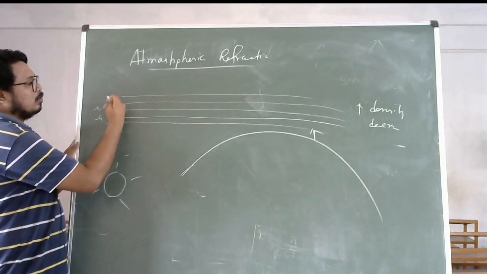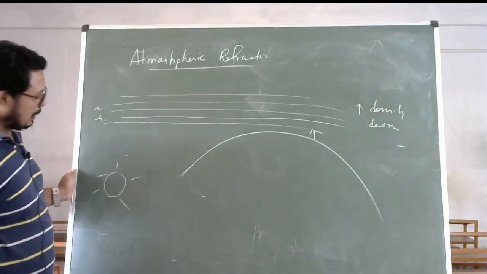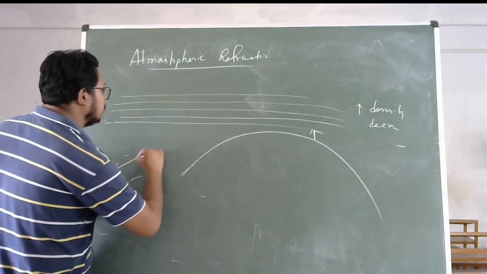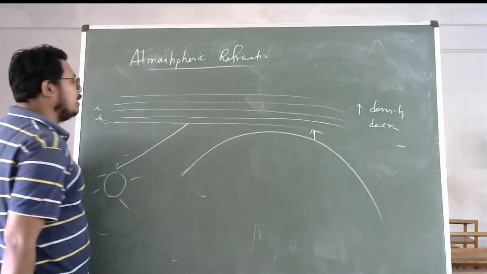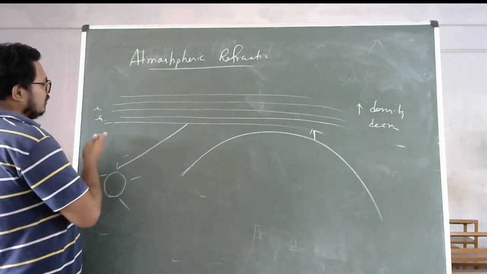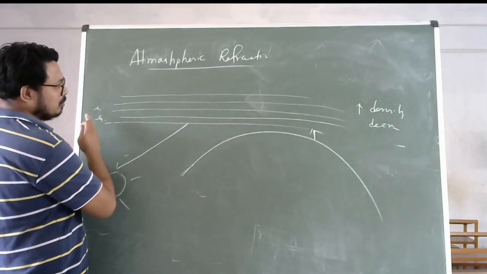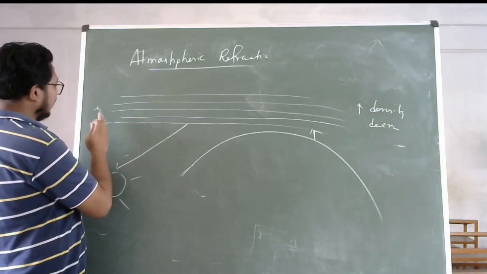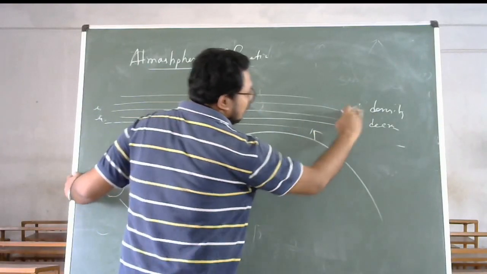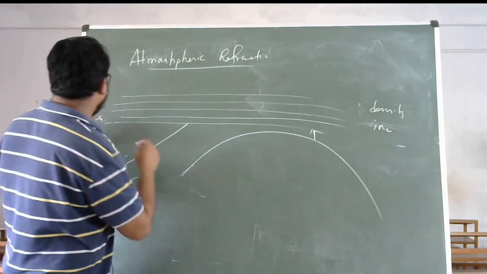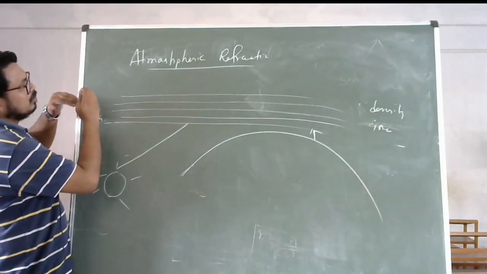This is more denser, more denser, more denser going on. Now, if the light comes from here, it is going from which one? It is going from rarer medium to denser medium, because the density increases as it comes down.